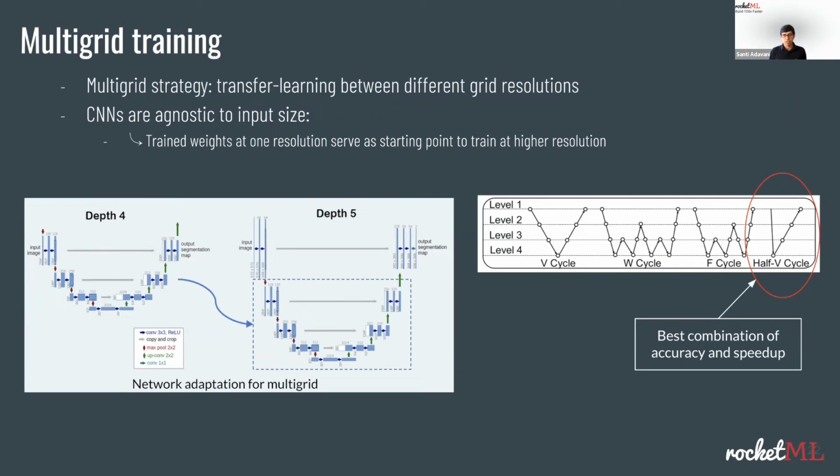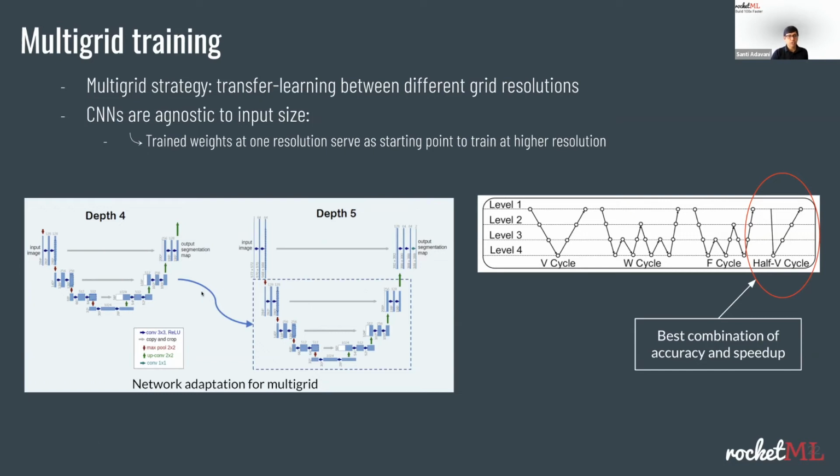To be a little more specific, instead of using the same neural network architecture across all resolutions, let's say I have two grid sizes, 64 and 128.